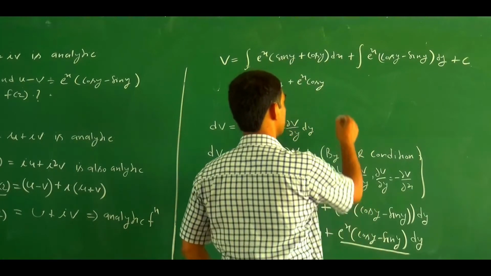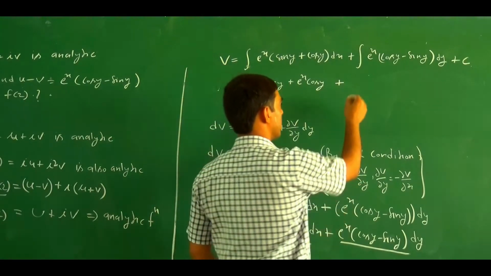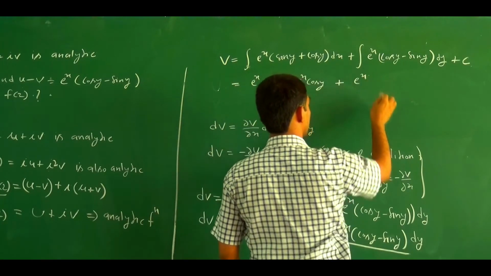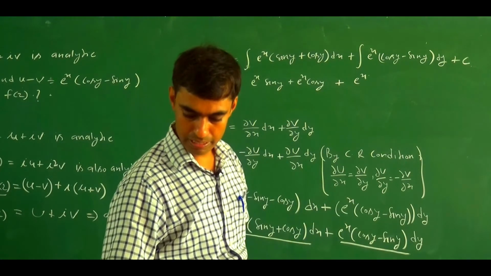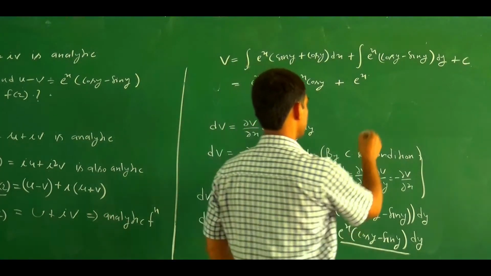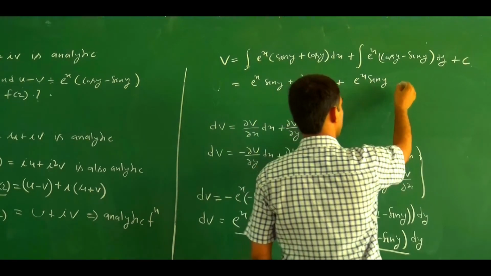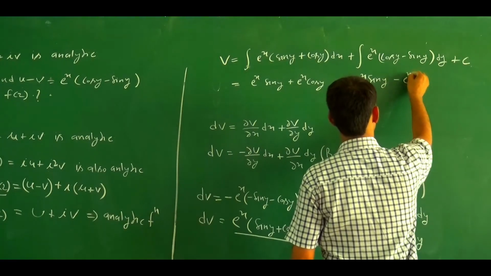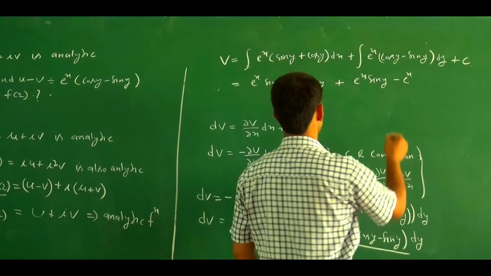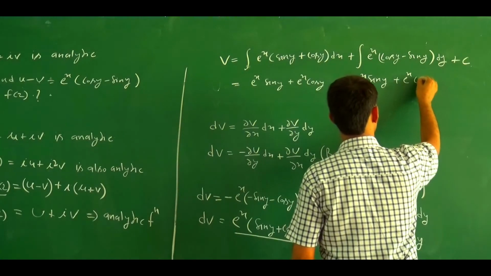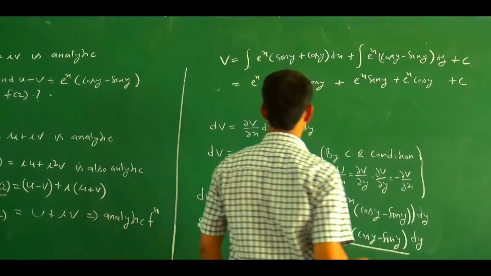This becomes plus e^x. What is the integration of cos y? Integration of cos y is sin y. So e^x sin y minus e^x. What is the integration of sin y? Minus cos y. So this becomes cos y plus c.